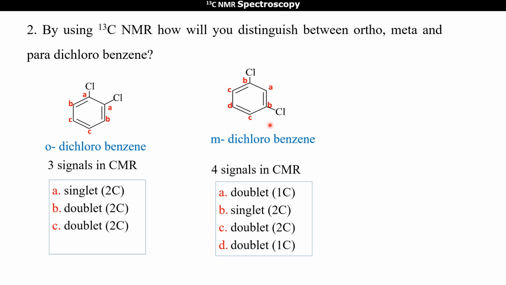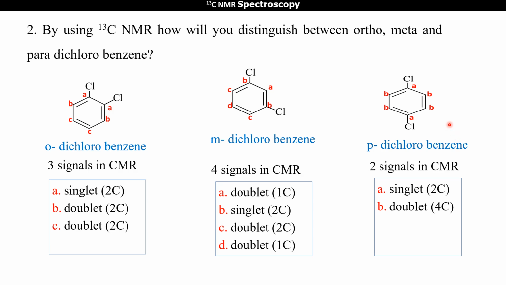Therefore, it gives four signals in the spectra. A type of carbon gives doublet, that is a signal of only one carbon. B type of carbon gives singlet. There are two B type of carbon atoms, therefore it is 2C. Then C type of carbon gives doublet, and D type of carbon also gives doublet in the spectra.